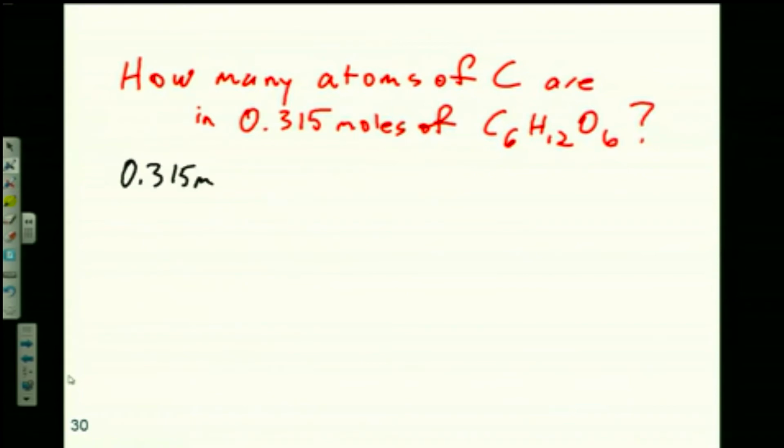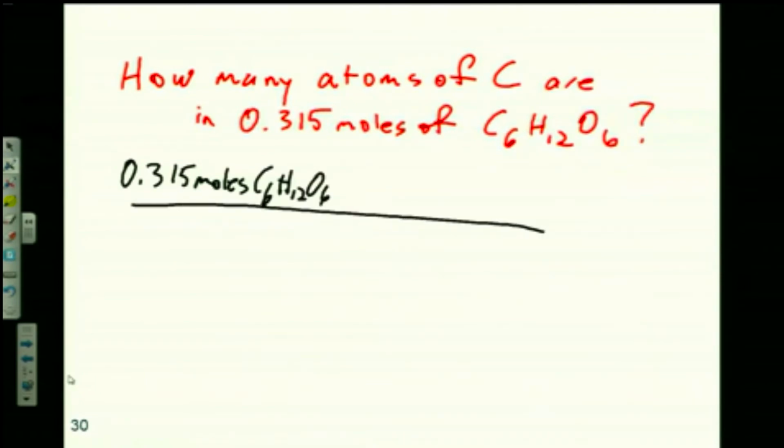.315 moles of C6H12O6. And we want to go to carbon. We don't want to be in this, right? We want to get out of whatever molecule this is. Well, 1 mole of C6H12O6 has how many moles of carbon in it? 6 moles of carbon.